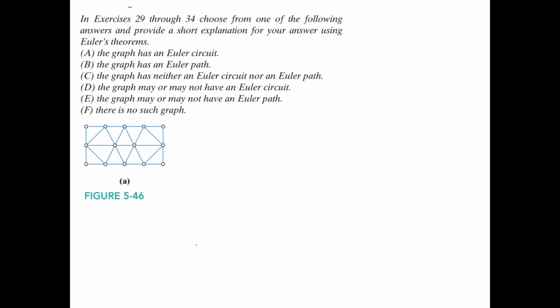D, the graph may or may not have an Euler path. E, there is no such graph. So again, all this depends on how many odd vertices you have. If you have exactly 2, then you have an Euler path, and if you have none, you have an Euler circuit.